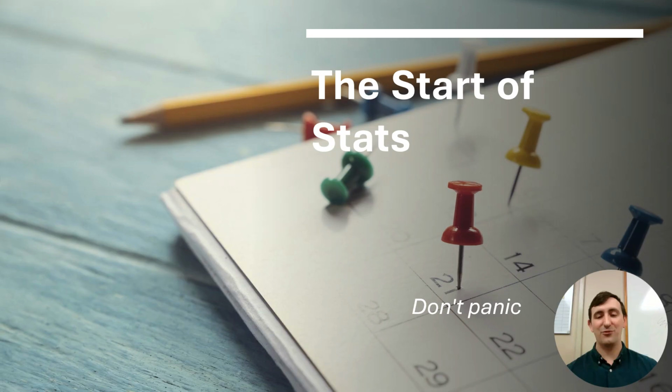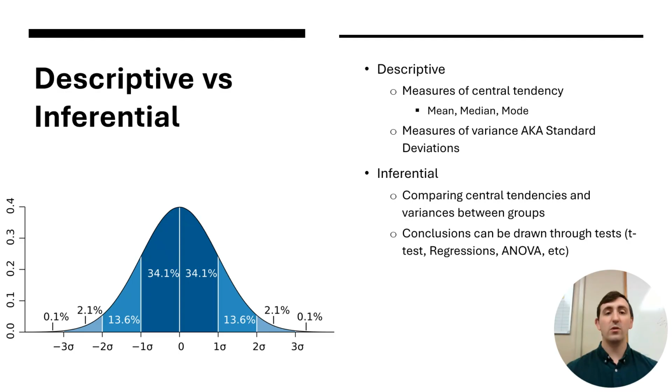We're not doing any formulas or anything like that, just some basic things to know for any research design. So we're going to start with some basics to know about statistics. Statistics can be generally descriptive, or they can be inferential. They can describe a situation, or they can help you infer something about different groups, right? So in the bottom left here, you'll see that there's a bell curve.